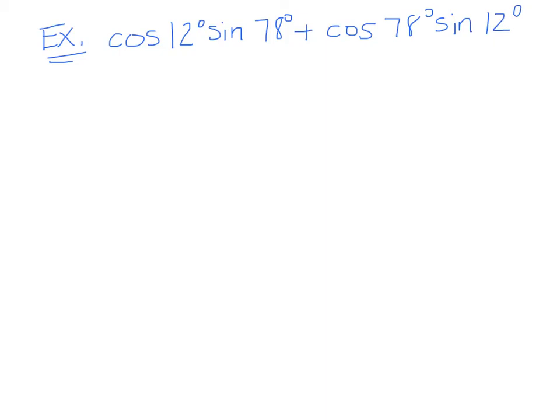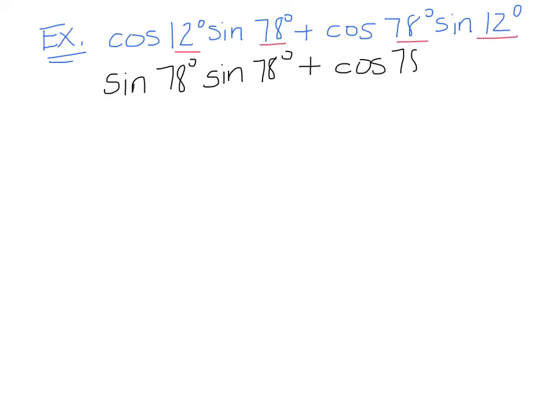Here's another practice problem. These problems really make you think. Here's another problem where I noticed that these angles, they both add up to 90 degrees. So somehow I'm going to have to use my cofunctions. And I know that the cofunction for cosine is sine. I know it has to add up to 90, so I'm going to change that to 78 so that these two are exactly the same. Then I'm going to do that over here. Since I chose 78, I'm going to make all the angles 78 degrees.